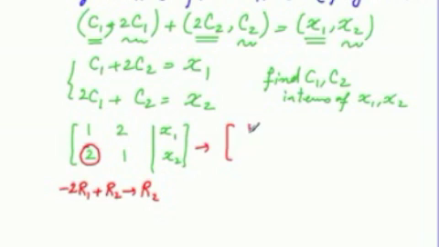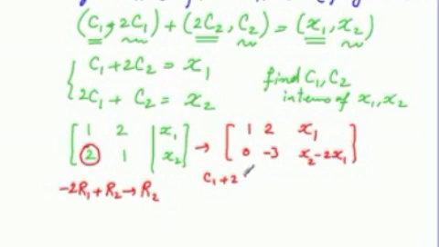So 1, 2, x1. When I add minus twice the first row to the second row, this entry becomes what? 0. This entry becomes negative 3. This entry becomes x2 minus 2x1. Is that right? Or just carry out the equation as c1 plus 2c2 is equal to x1.